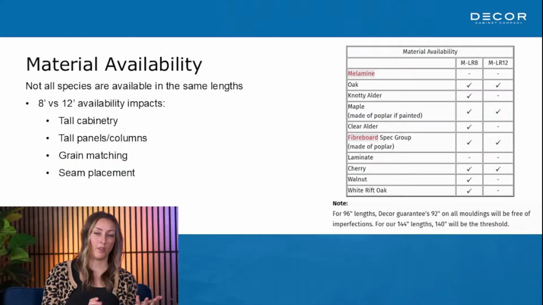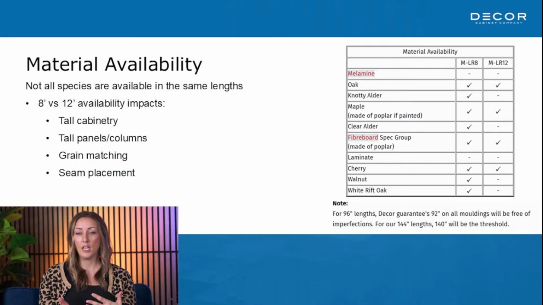As a designer, I always liked to have this in my pocket when I was learning. It shows the different species and the lengths available, for example, the 8-foot or the 12-foot moldings. You can see knotty alder and clear alder, and walnut and white rift oak don't come in 12-foot lengths. You have to really think about that, because that will impact tall cabinetry.